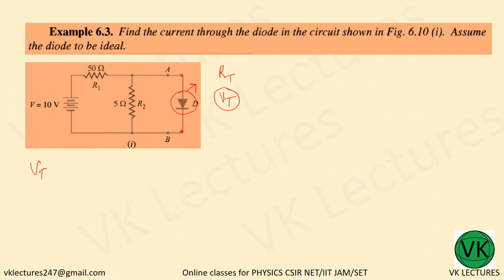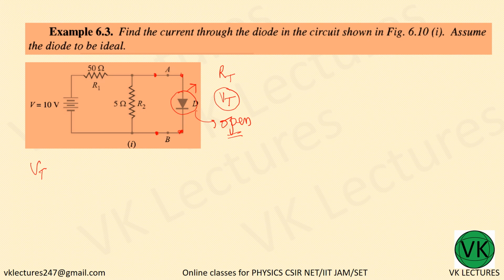Okay. So here you just have to leave it open. Just keep this open. Just remove this diode and keep it open, and find out the voltage across this A and B. Remove the diode, whatever. If it is a resistance, remove that resistance.